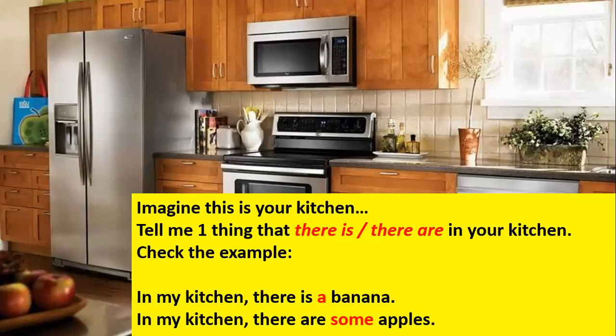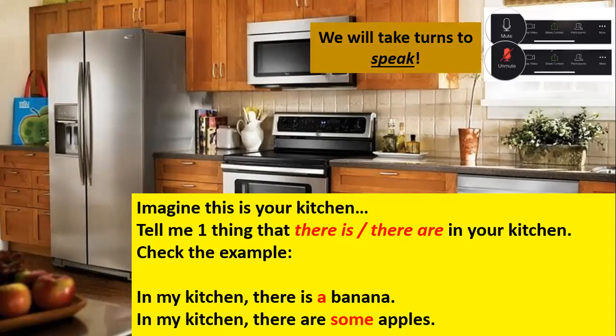I can also say in my kitchen, there are a lot of tomatoes, okay? What about you? Think about the objects, the fruit, the vegetables you have in your kitchen, and I want you to take turns to tell me what you have.